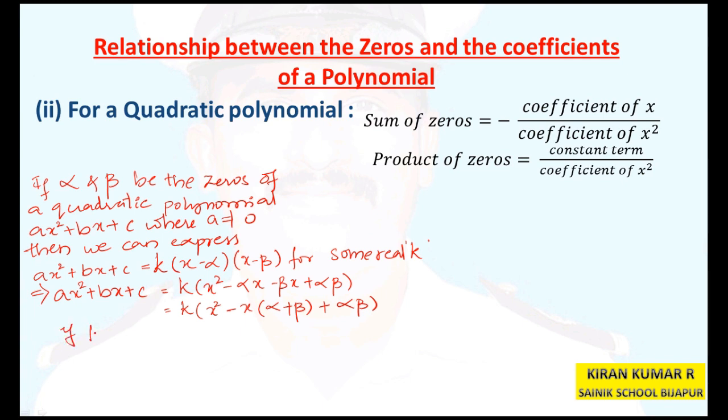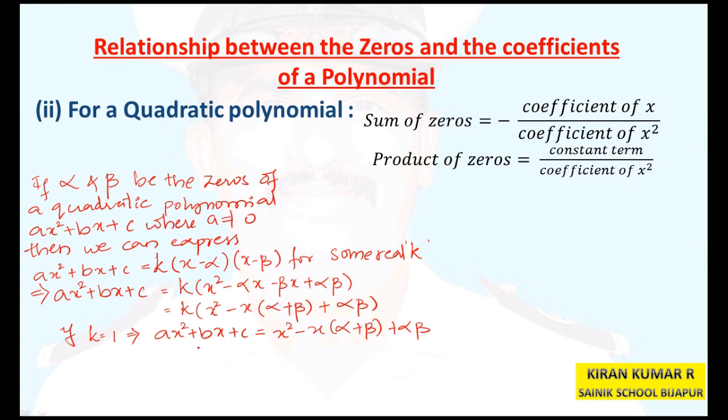If the value of k is 1, then ax square plus bx plus c will become x square minus x times alpha plus beta plus alpha beta.